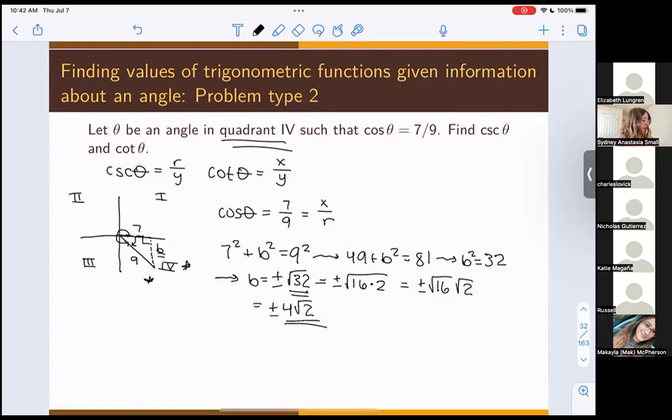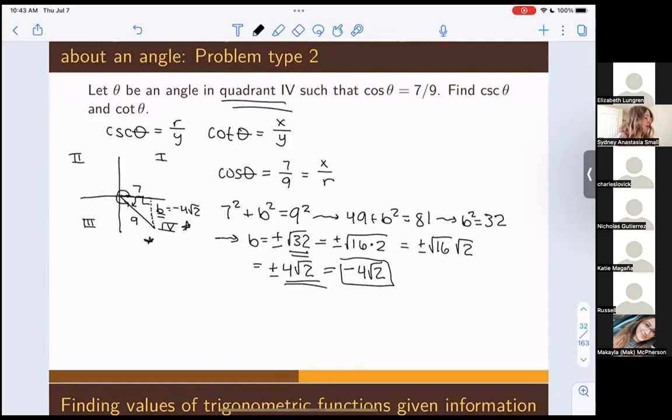However, we have a negative y value because we are going down to the negative part of the y-axis. So it turns out the answer is negative 4 square root of 2. Does that make sense? Are there any questions on how I made that deduction? Okay. All right, so we know that B is negative 4 square root of 2.